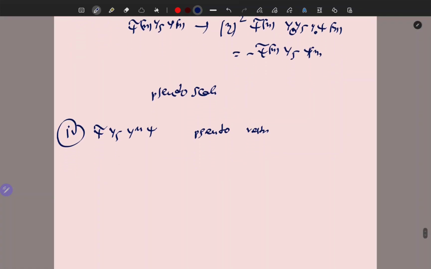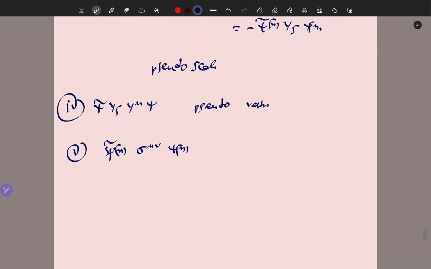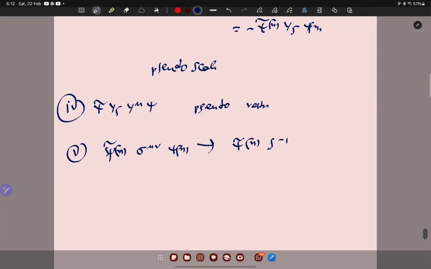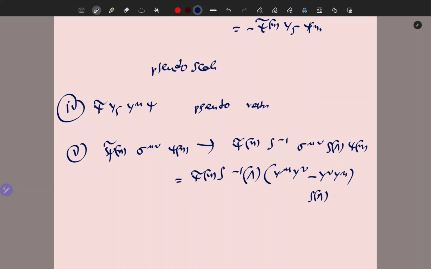or axial vector. Now property 6, psi tilde of x sigma mu nu psi of x. Under Lorentz transformation, psi tilde of x S inverse sigma mu nu S of lambda psi of x, which is psi tilde of x S inverse of lambda gamma nu minus gamma mu S of lambda psi of x, i by 2.